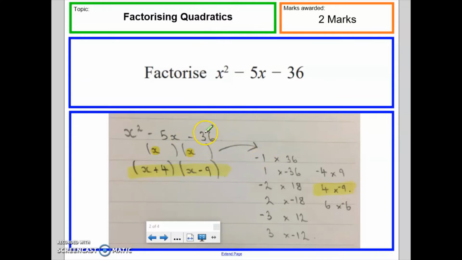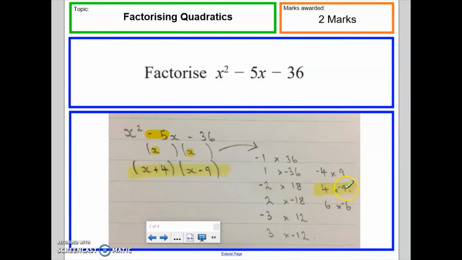So I look at this value here, negative 36, and in my head or on paper I think of all the factors of negative 36. So I've listed the factors of negative 36 here, then I've selected the factors which when we add them together would add up to the coefficient of x, which is negative 5 in this question.